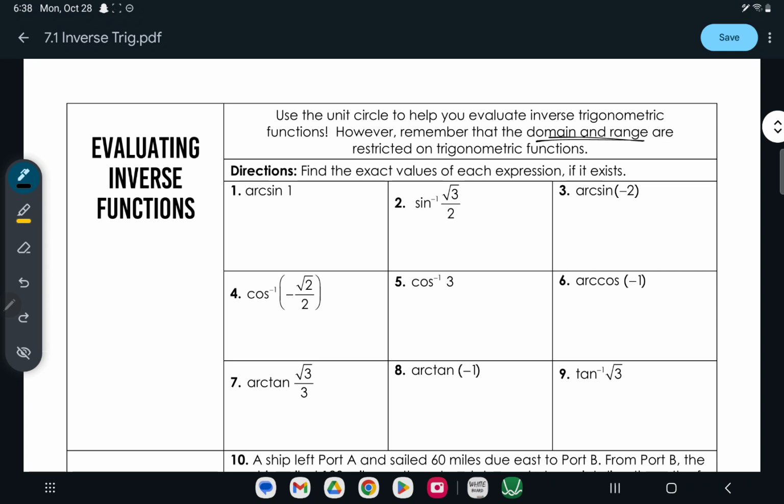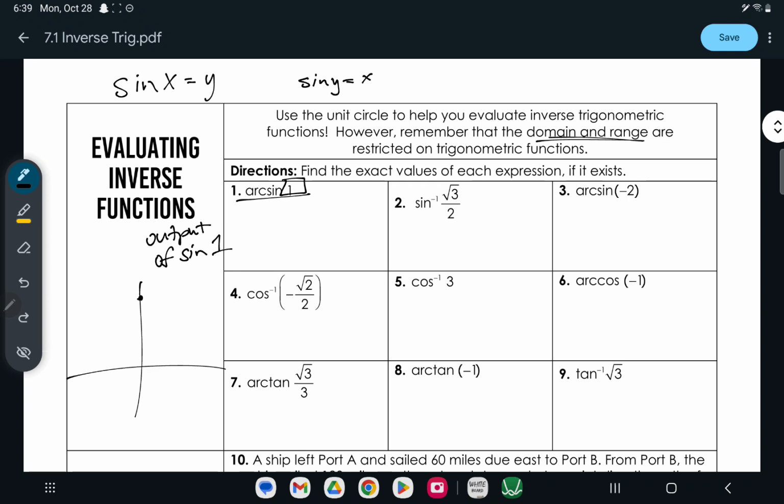So if you think of arc sine being switched, arc sine of 1 is when we want the output of sine to be 1. And that happens here, at 0, 1. Sine is y, so we want the input. So the input is pi over 2.